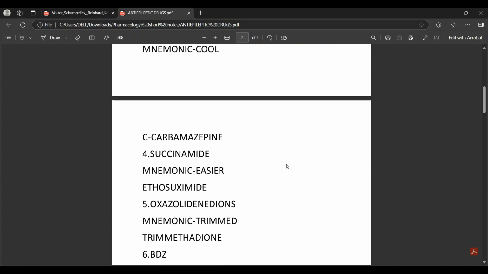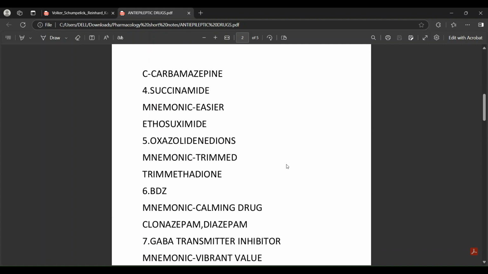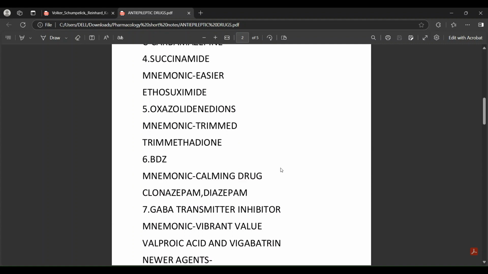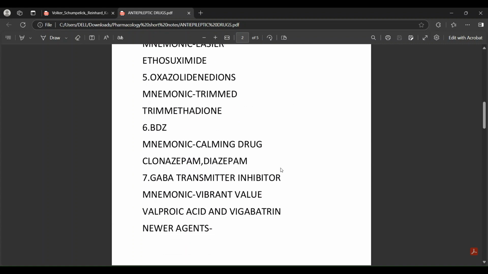You could use carbamazepine, and succinimides, the mnemonic is easier, ethosuximide, and oxazolidinediones, the mnemonic is "trimmed." Trimmed drug is trimethadione. And also benzodiazepines, the mnemonic is "calming drug." C for clonazepam, D for diazepam.